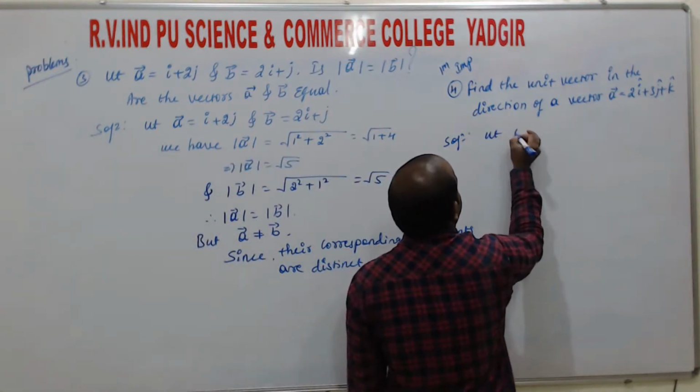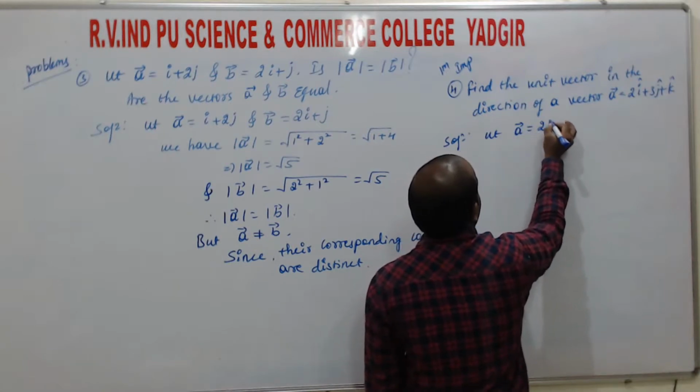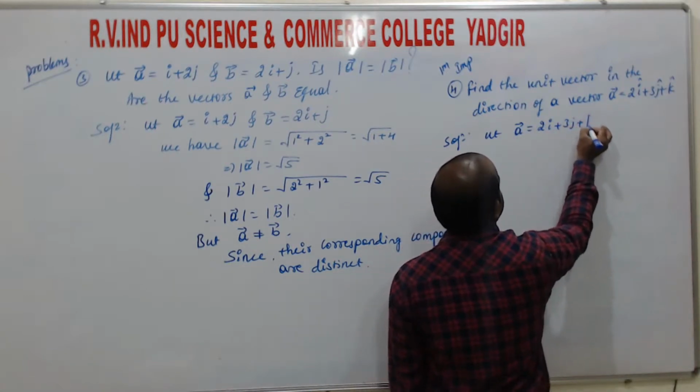Let a vector be given as 2i plus 3j plus k.